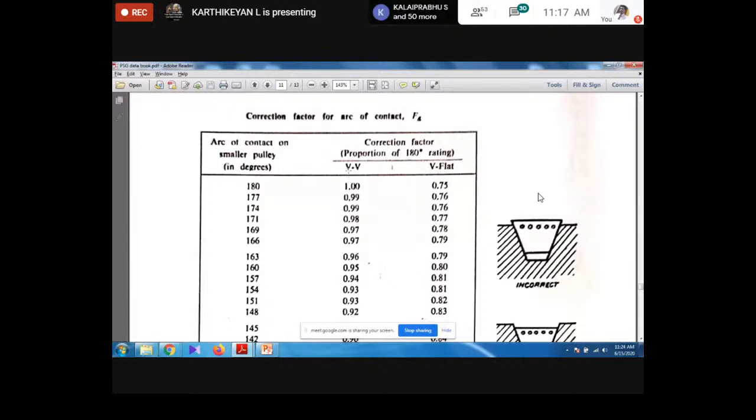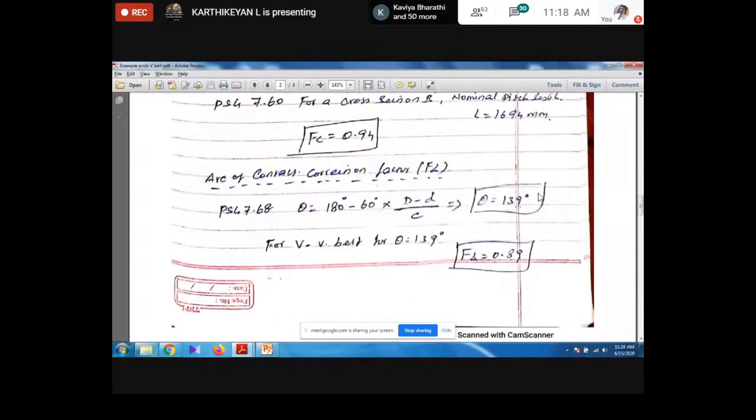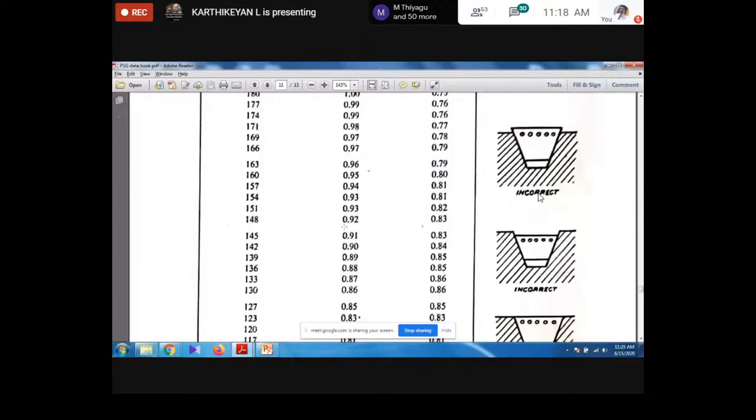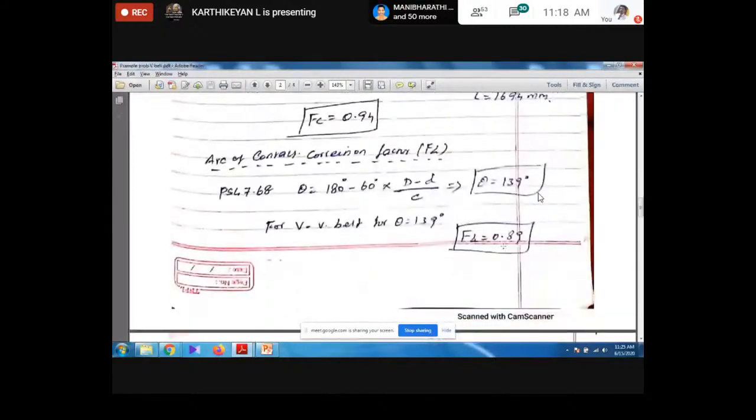VV type means the driver pulley and driven pulley are assumed to be V grooved pulleys. Whereas if the constraint is given in a problem, you can go with the other one: the driver pulley is a V grooved pulley and the driven pulley is a flat pulley. This is also possible. But in my problem, the constraints are not given about this specific concern. So I'm assuming that my driver and driven pulleys both are V grooved pulleys. So I'm getting the theta value as 139 degrees. For 139 degrees, the correction for a VV belt is 0.89. My correction factor is 0.89.